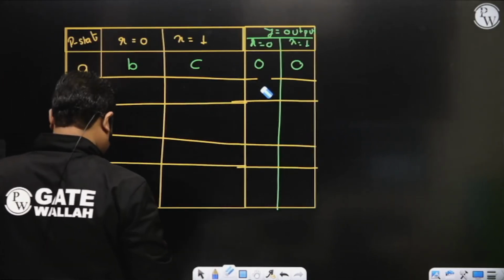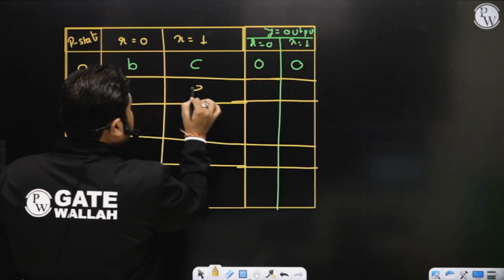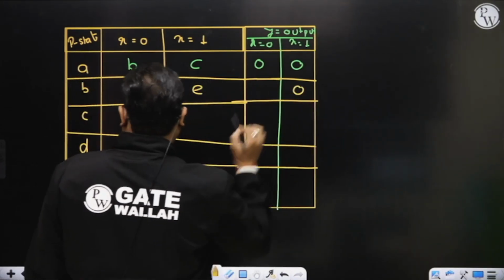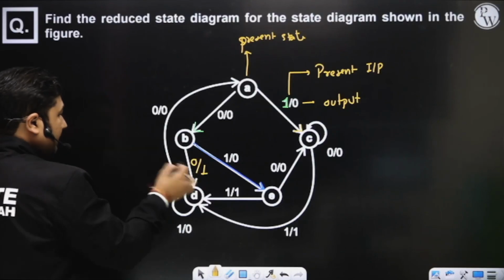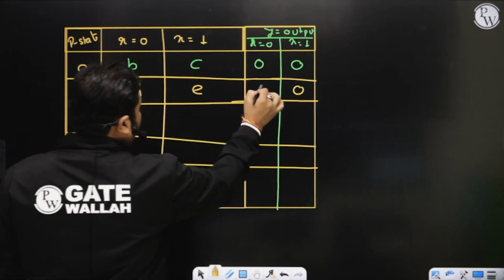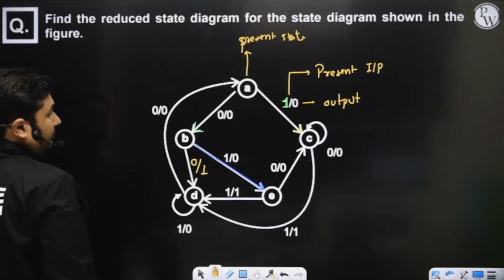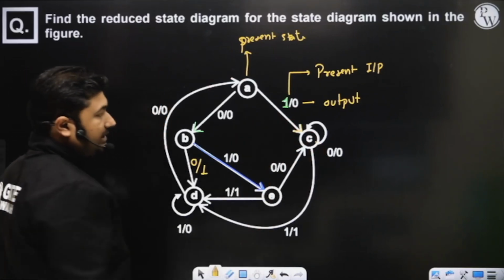I have mentioned here for X equal to 1: E, output 0. Present state B, X equal to 0: next state D, output 1. Now, present state C with X equal to 0.